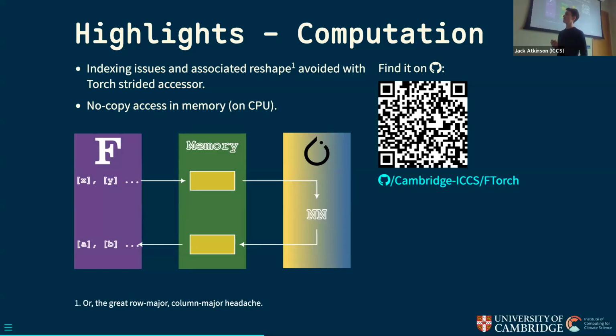So once you've set everything up, when you do that computation that calls the inference in PyTorch, it will be working with the same data that you were setting up in Fortran. So there's no data transfer going on here. It's just working on exactly the same memory, which is very neat.